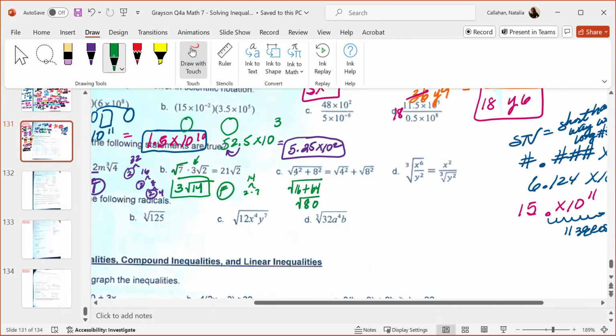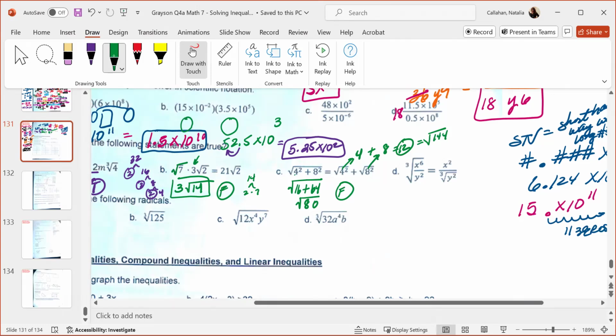This is a square, so technically this will be a 4, correct? This is an 8 squared because square root of 8 squared is just 8, correct? When you add it together, it's 12, right? If that answer is 12, square root of 80 is not 12, right? Because 12 squared is 144, so that's going to be false.